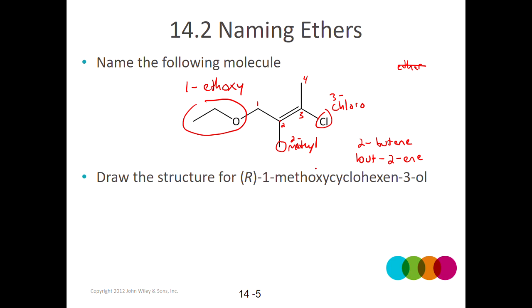So then I would want to put that name together alphabetically. So I'd have the chloro first, then the ethoxy, then the methyl. Put that in front of the parent name, choose either of those two parent names.